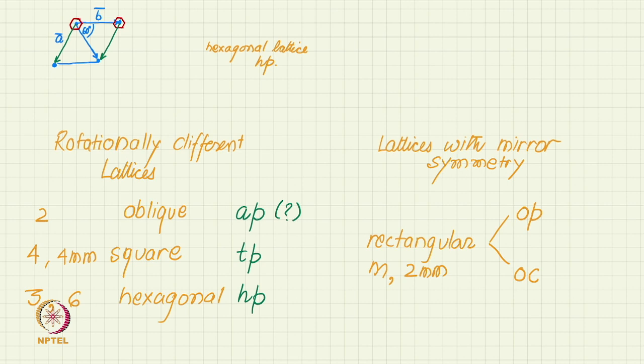Well, this classification way of writing is not looking good to me, because I said rotationally different lattice and this is lattices with mirror, but 4 mm is also with mirror. So, probably my heading is not justifying what I am writing. So let me cross out the heading for the moment.